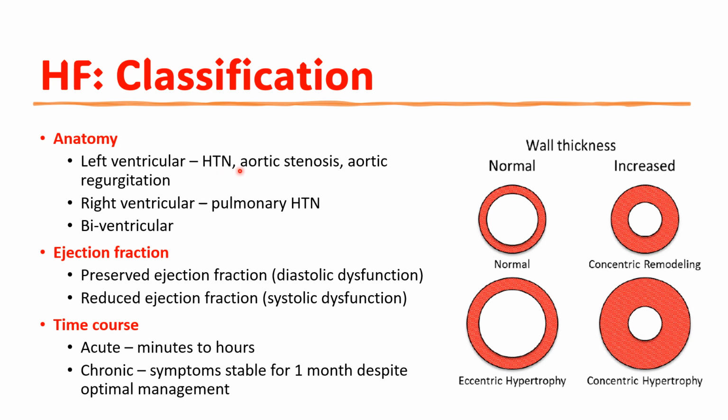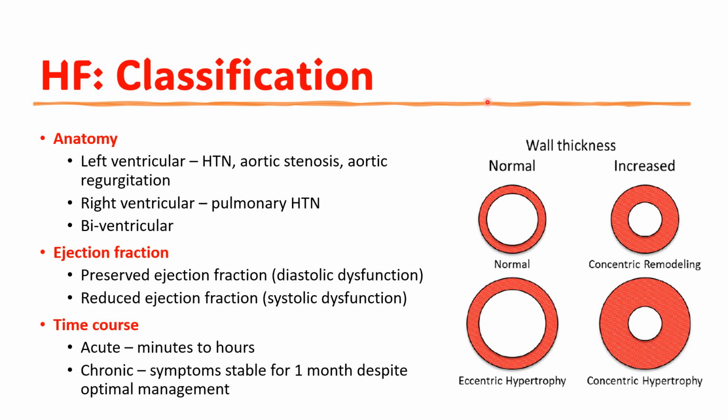So the afterload is essentially what the left ventricle has to overcome in order to eject that blood from within the ventricle. So it's basically what the muscle layer has to overcome by contraction to eject that blood from the ventricle.